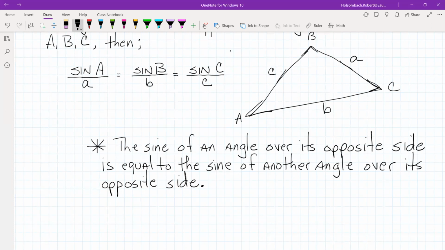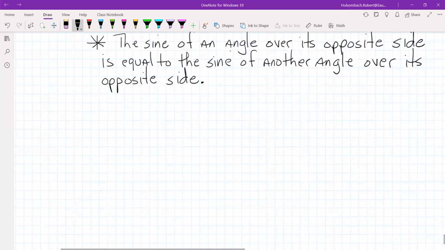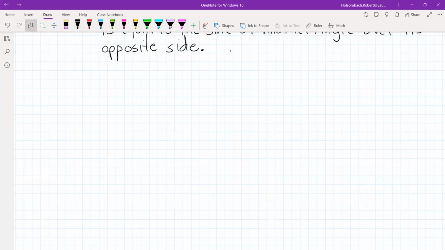So here's how you're going to use this today to find side lengths, and maybe not going to find angle measures till tomorrow. So let's look at example 1. We're going to find x.